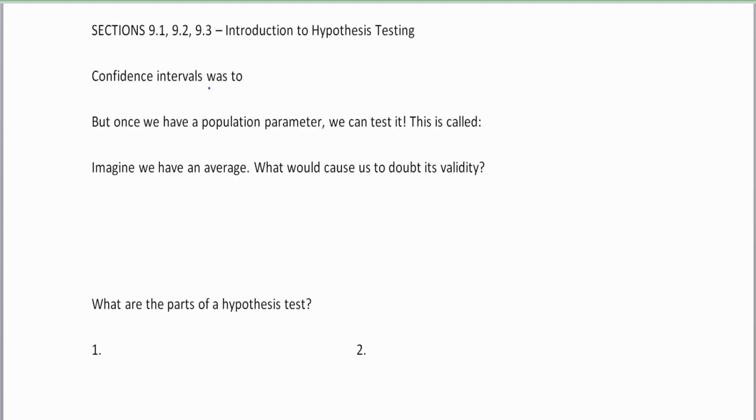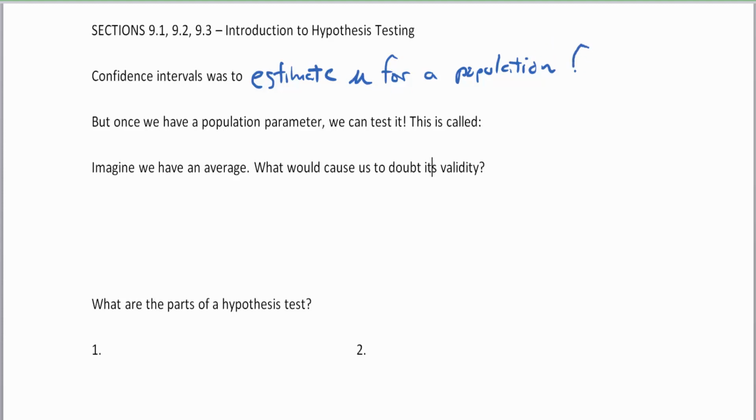So, if we think back to the last unit, we had a lot of work with confidence intervals. And what was the purpose of confidence intervals? Well, the purpose of confidence intervals was to estimate this mu. We were to estimate mu, which is the average for a population. Now, where did we get this estimate of mu from?